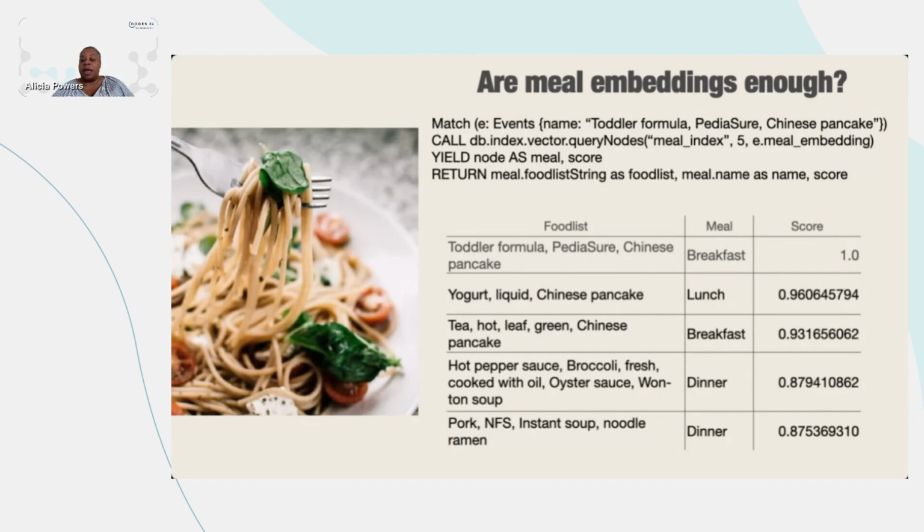So there's another meal in the database that's yogurt with the Chinese pancake. And then there was another with hot tea and the Chinese pancake. And then it shifted to what looks like maybe other Chinese food. So hot pepper sauce with broccoli and wonton soup. And then there's a ramen soup. So I wasn't unhappy with those embeddings. And I think with Cypher, I can get to the types of recommendations that I'm really looking for.